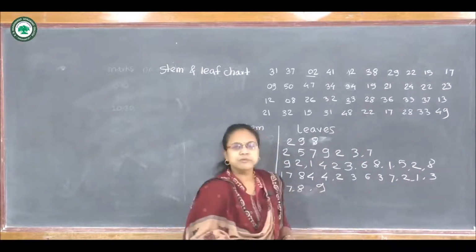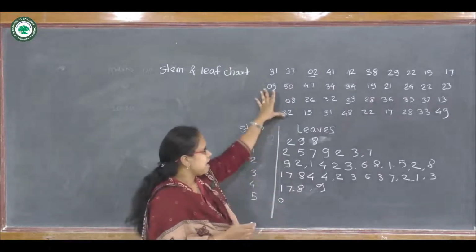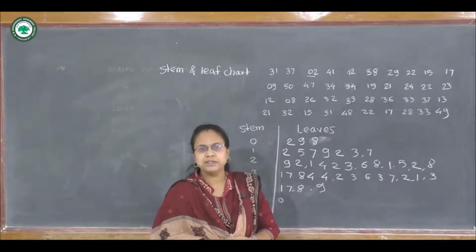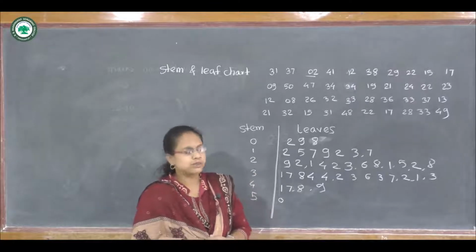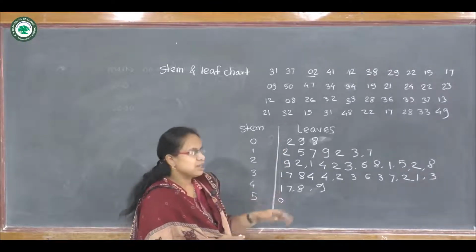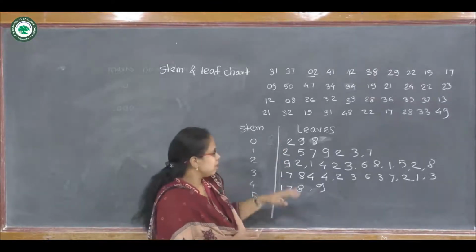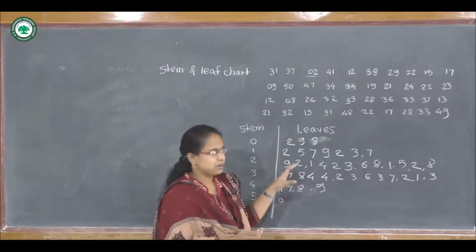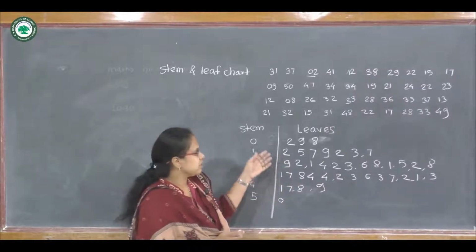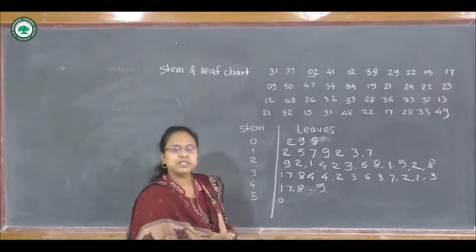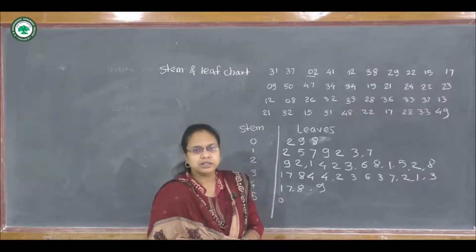So this is the given data and this is the stem and leaf chart for the given data. It looks like a histogram if we look at this chart horizontally. So this is the stem and leaf chart, and it is very easy to write down.